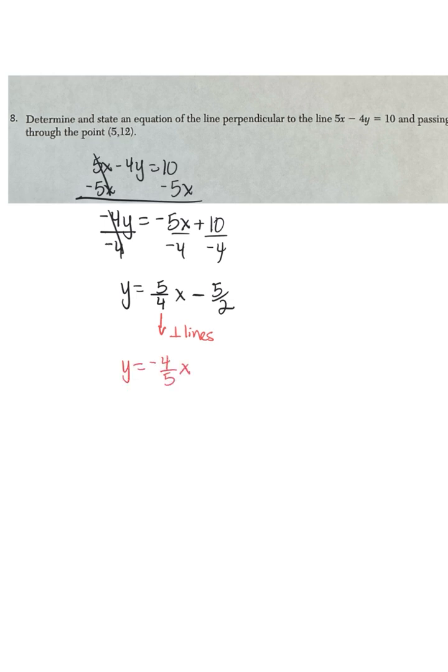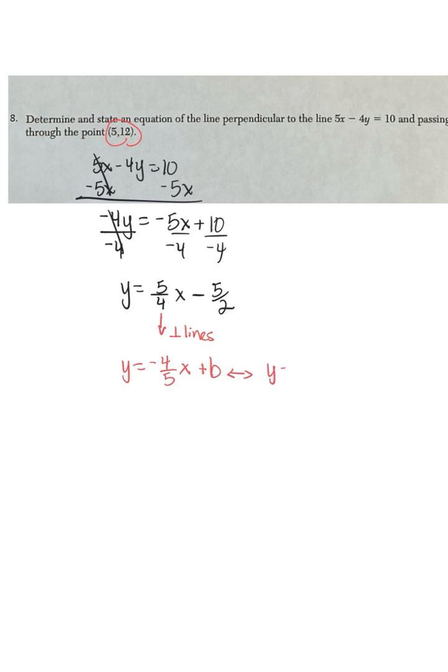Now, here's the thing, and it passes through that point 5, 12. We did do one of these at the very beginning of our tutoring session yesterday. So what they really want you to do is, well, you know what, Leone? We can do this 2 ways. We can either find the b, or remember I showed you both ways.